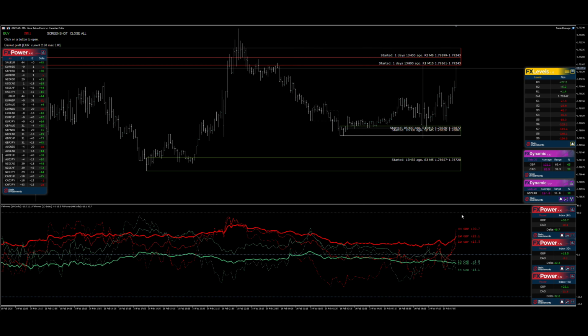The problem in this scenario is the support cluster you see here, which is already more than a day old. It tried to break through yesterday evening but was unable to, so it reversed, and this looks like a second attempt to break through this resistance right now.